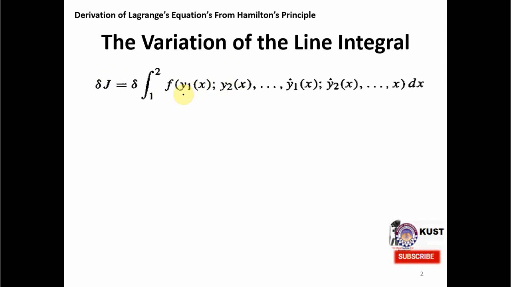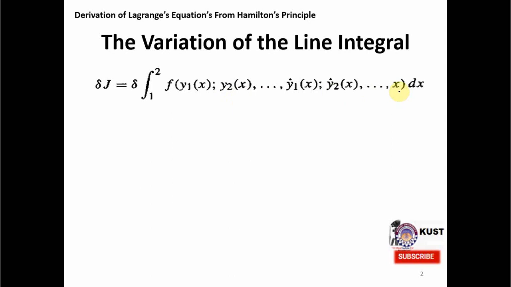So previously we had this f function of only one variable, but now we are going from one variable to many variables, and we are also including the derivatives of these functions. For example, you can see this y1 dot, where the dot represents the derivative with respect to x. Here x is any parameter, and f is also an explicit function of this x.